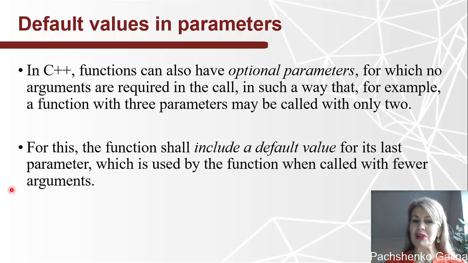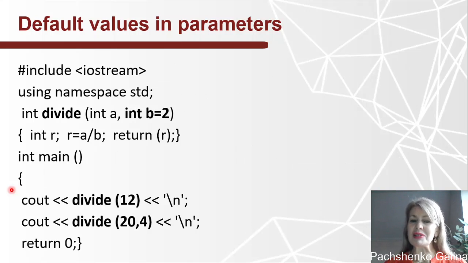For this, a function shall include a default value for its last parameter, which is used by the function when called with fewer arguments. Let's consider this example, line by line.